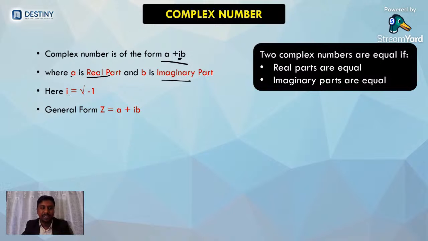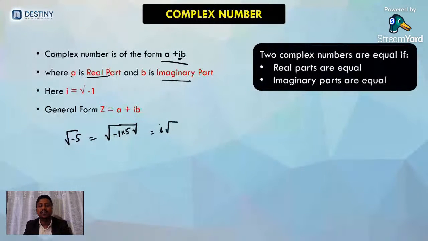So i is nothing but square root of minus 1. If I take root of minus 5, I can represent it as minus 1 into 5. This root of minus 1 can be represented as i, so root of minus 5 can be written as i root 5, because i is nothing but root of minus 1.